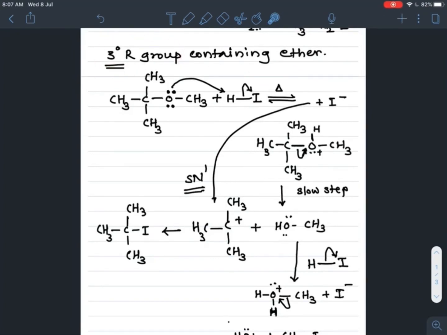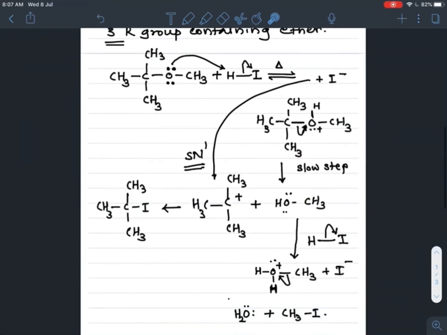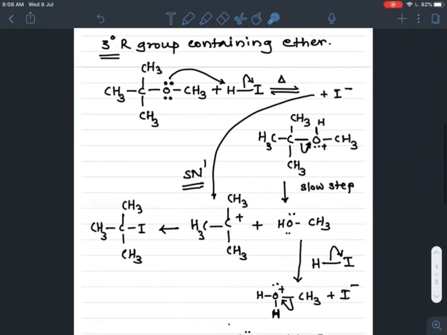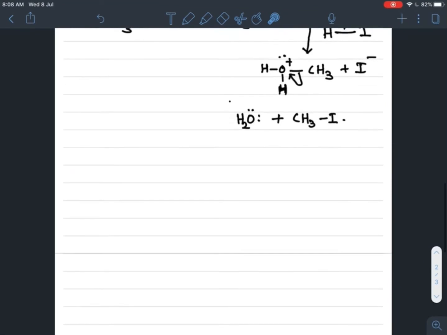If a tertiary alkyl group is present in the ether, then by which mechanism does the reaction take place? By the SN1 mechanism, because this intermediate tertiary carbocation is more stable and does not depend on I minus concentration. That's why this is the SN1 mechanism, with the slow first step, and finally it gives the corresponding tertiary butyl iodide. Okay, so this is about the mechanism in the case of tertiary alkyl group containing ethers.